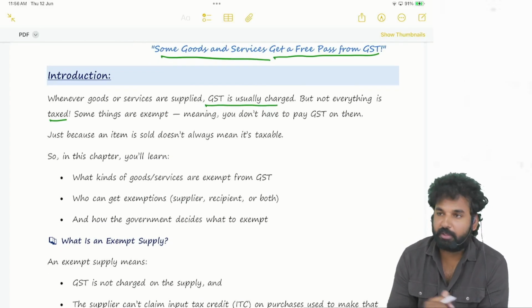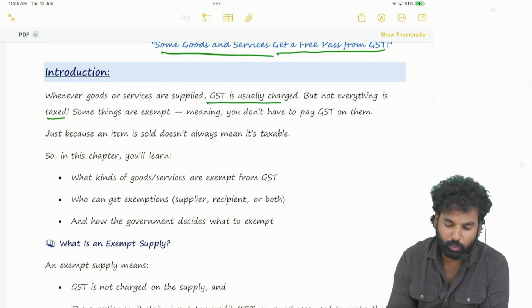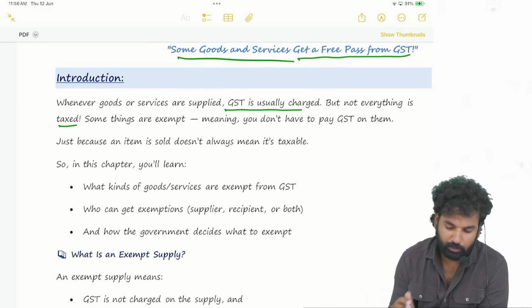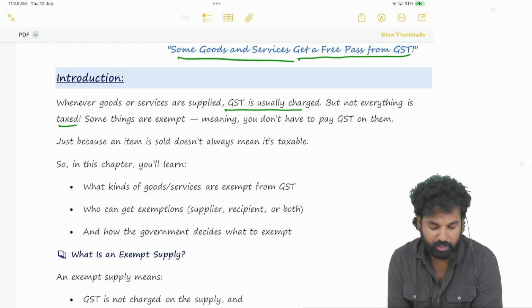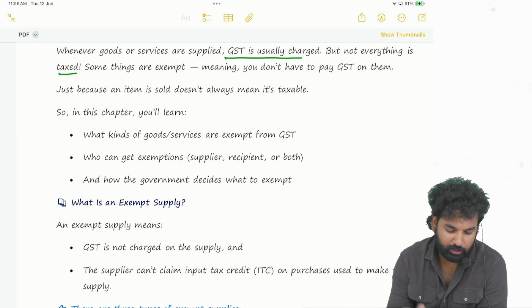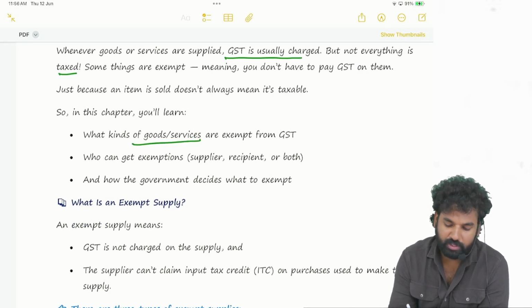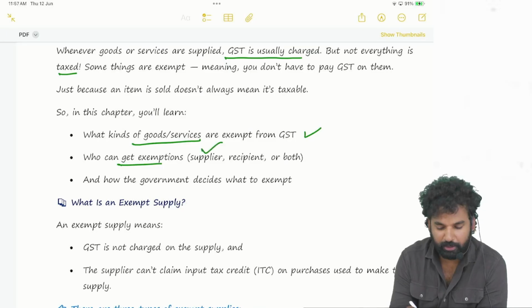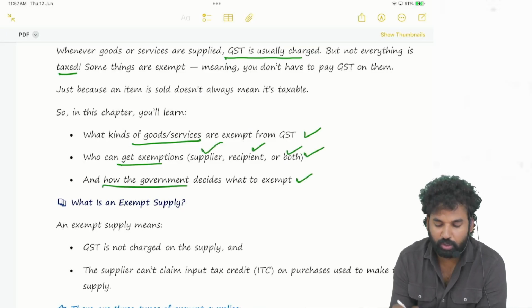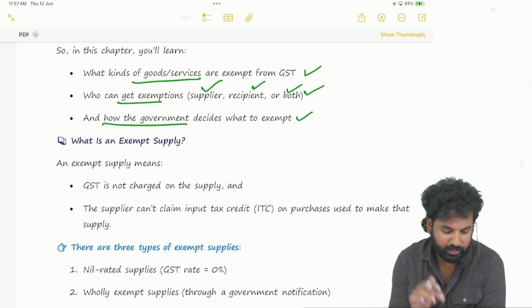Some things are exempt, meaning you don't have to pay tax on them. Just because an item is sold doesn't always mean it is taxable. So in this chapter you will learn what kind of goods or services are exempted from GST, who can get exemptions, whether supplier, recipient, or both, how the government decides what to exempt, and what an exempt supply is.